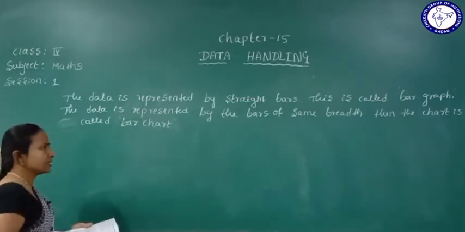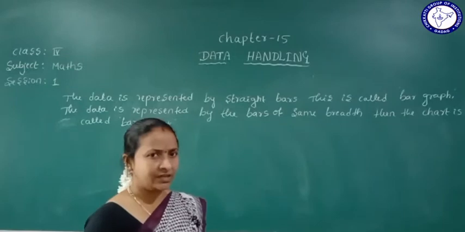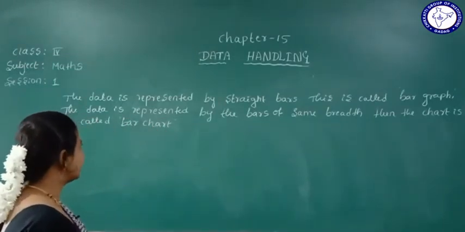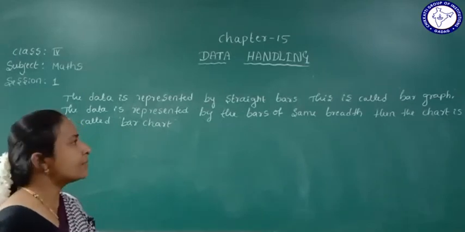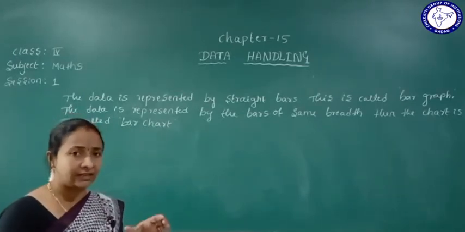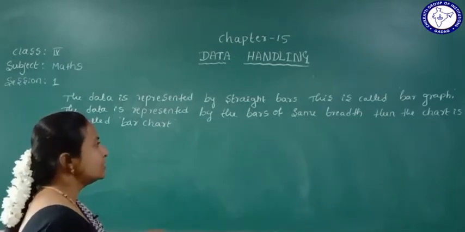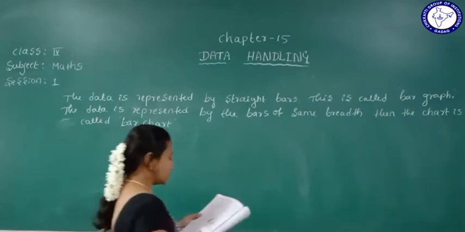So first we understand the meanings of bar graph and bar chart. The data represented by straight bars we call a bar graph, and the data represented by bars of the same breadth we call a bar chart. Understood this one?